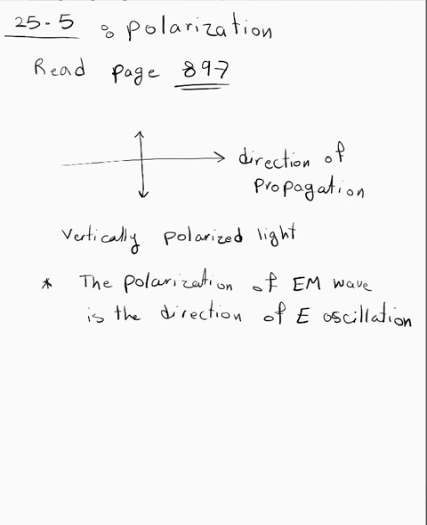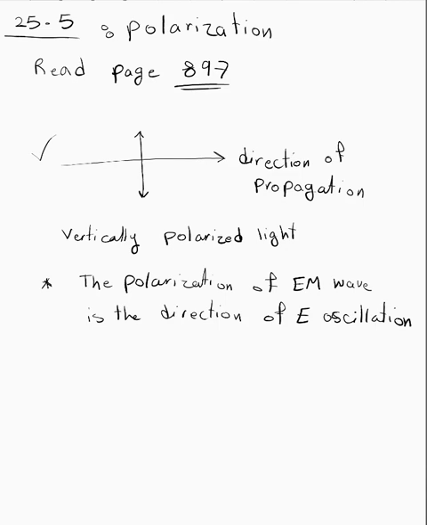So if an electromagnetic wave is vertically polarized, then the direction of oscillation for the electric field is perpendicular to the direction of propagation of the wave, as you can see in this picture here.